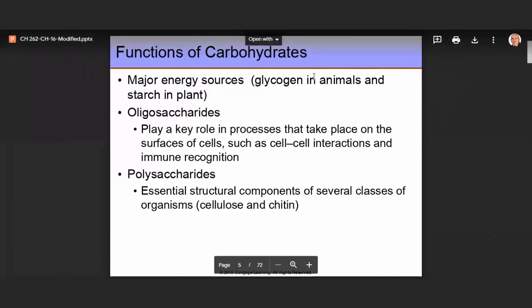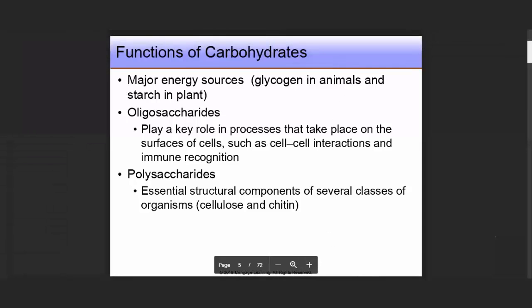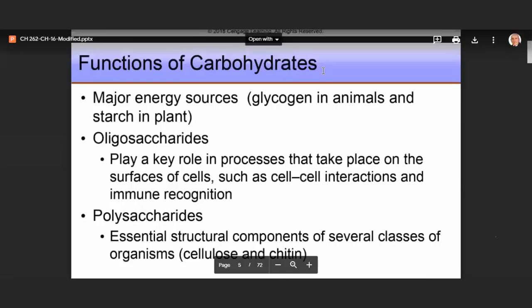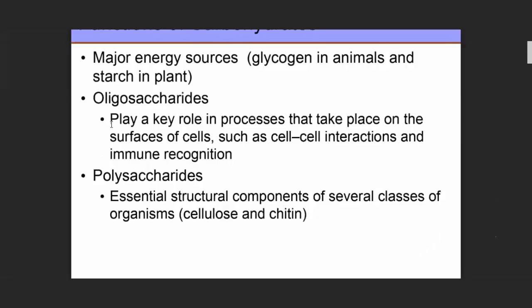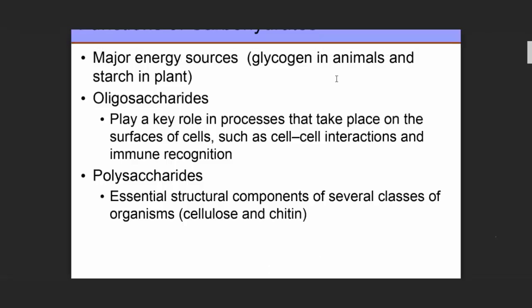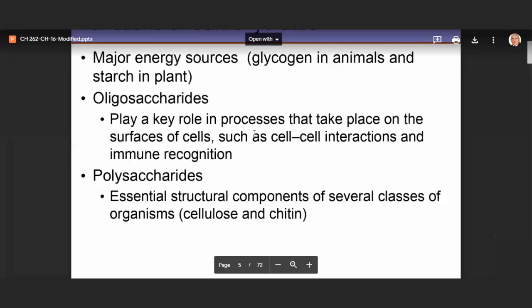Now, what are some of the functions of carbohydrates? They are major energy sources, like glucose, glycogen in animals, and starch in plants. Also, oligosaccharides play a key role in processes that take place on the surface of cells, like cell-cell interactions and immune recognition.